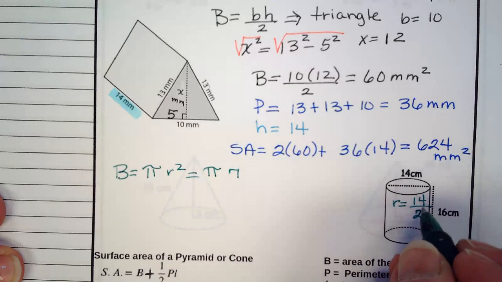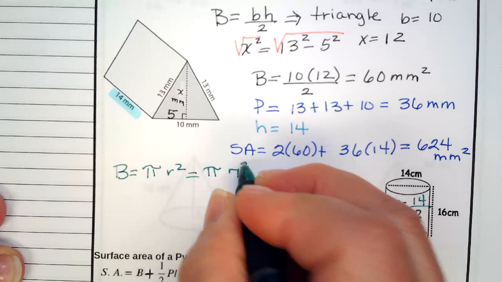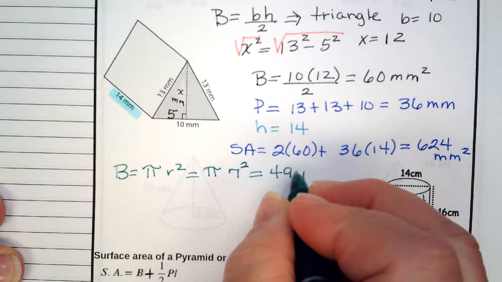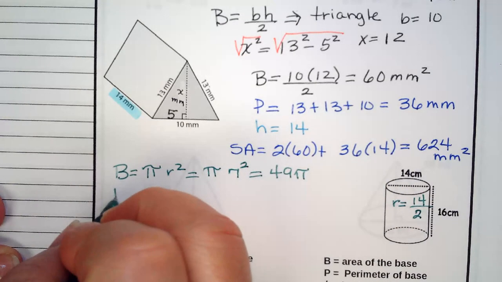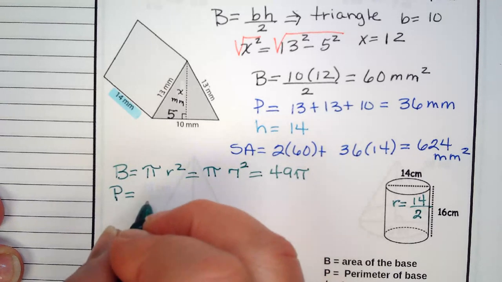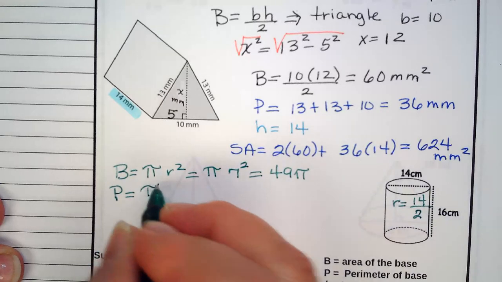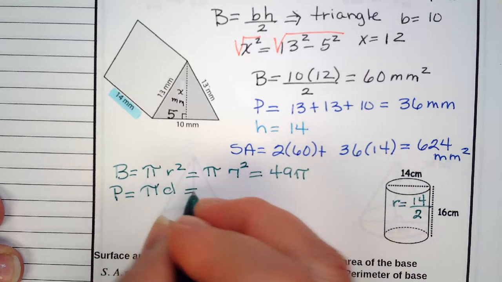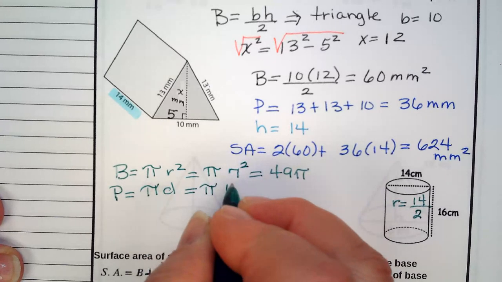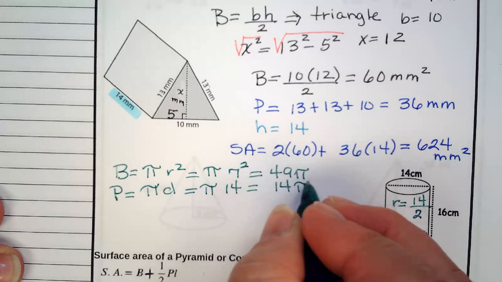My radius is half the diameter. 14 divided by 2 is 7. So this is pi times 7 squared, which is 49 pi. My perimeter is the circumference of that circle. Since we've got the diameter, we can use the formula pi d. Our diameter is 14, so it's pi times 14, or simply 14 pi.